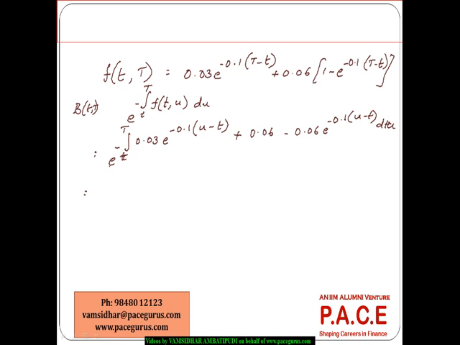Now just another simplification: these terms can be simplified to e to the power of minus the integral of 0.06 minus 0.03 times e to the power of minus 0.1 (u minus t) du. This is what works out to be the price of that particular bond at time period t.